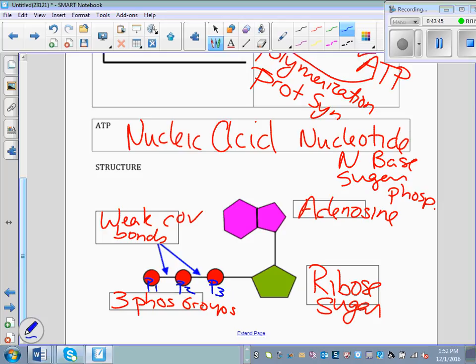So, we break this off and we make ADP. If we break both of those off, then we add a cyclic molecule. Cyclic AMP.